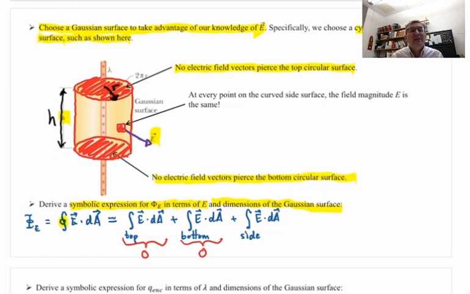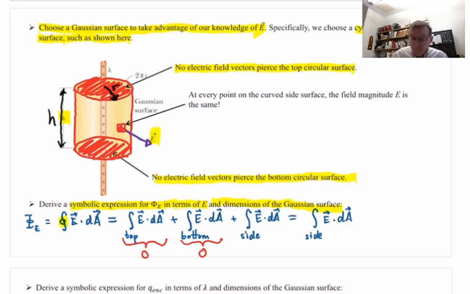There's no piercing of the bottom circular surface. All the piercing comes on the side, the curved side. Okay? So that's all that's left. Integral over the curved side of E dot dA. So now we're going to talk about that for a little bit.